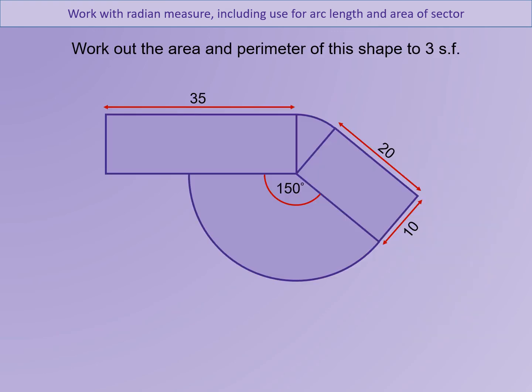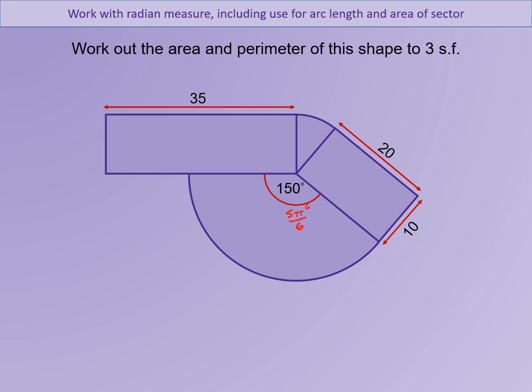Again, pause the slide and calculate the area and the perimeter of this compound shape. Remember to calculate any missing angles that you might need, and also to make sure your angles are in radians. So first of all, we're just going to calculate a few extra values. For example, we know that 150 degrees can be converted into 5 pi by 6 radians.